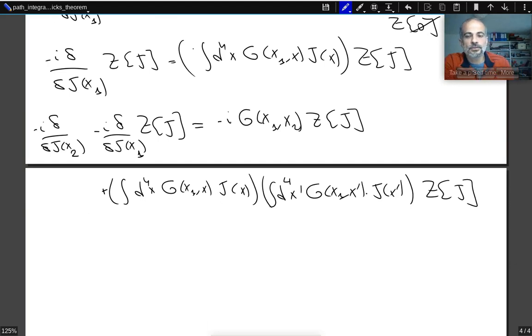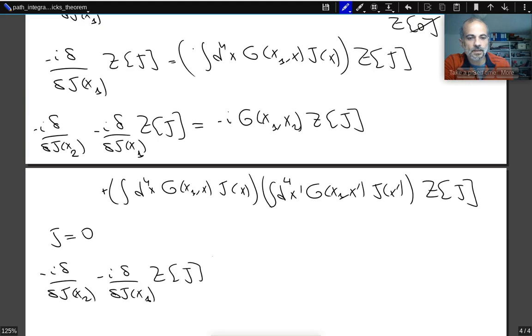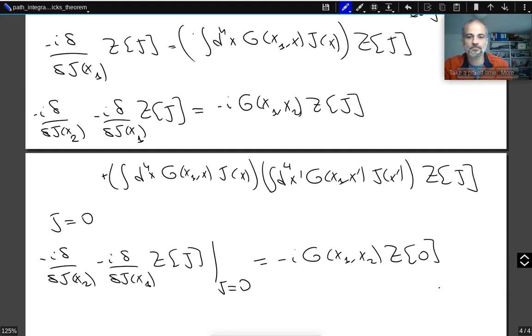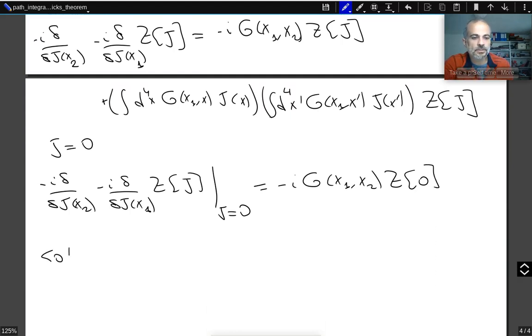So if we set J equal to 0 after taking the second derivatives, the second line just becomes 0. So this becomes minus i G of x1 x2 times Z of 0. But remember our original definition of the time ordered product of phi of x1, phi of x2.